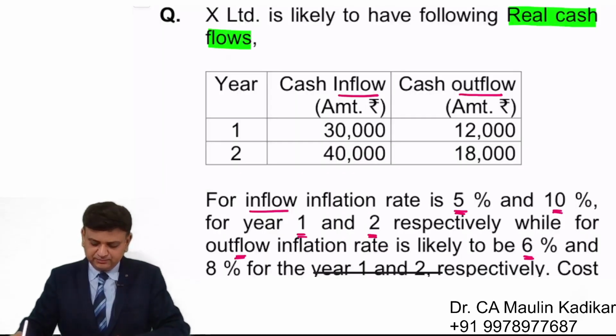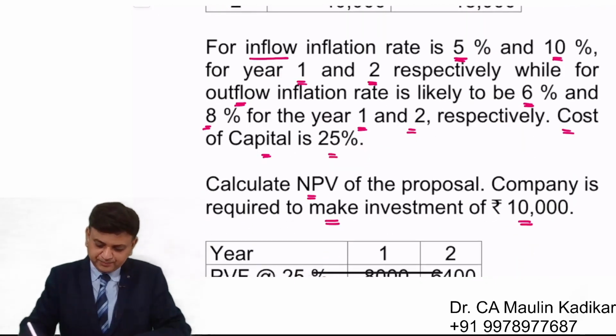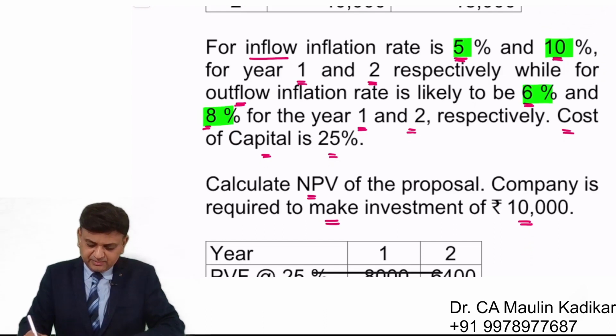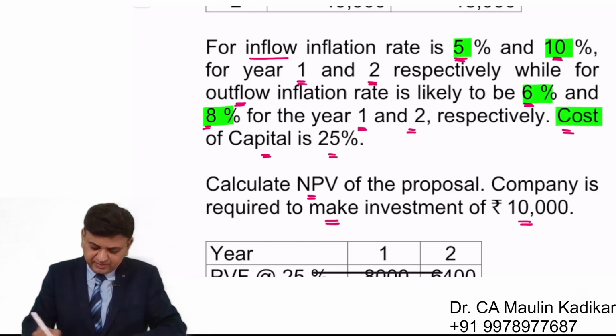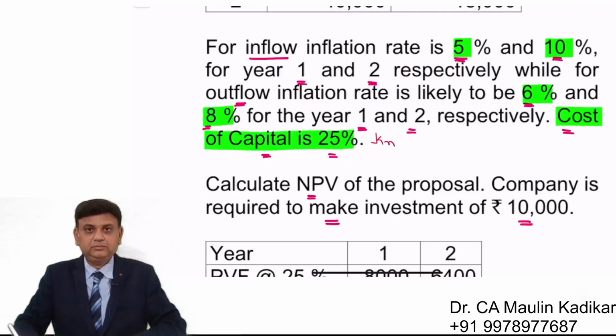Dear students, over here we can see that one of the unique features is that the inflation rate is changing. Whenever there is a different inflation rate for different years, or a different inflation rate for different elements of the cash flows, then always remember that the cost of capital given to us in the question is always the nominal cost of capital.